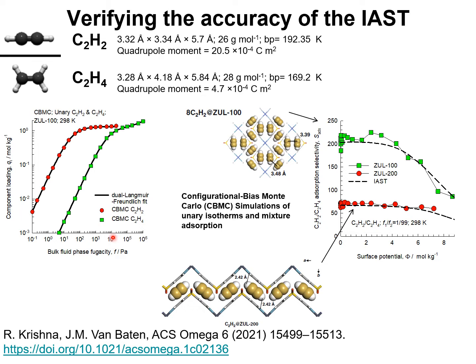As an example, we show here the unary isotherms for ethine and ethene in ZUL-100. The continuous solid lines are the dual Langmuir-Freundlich fits.